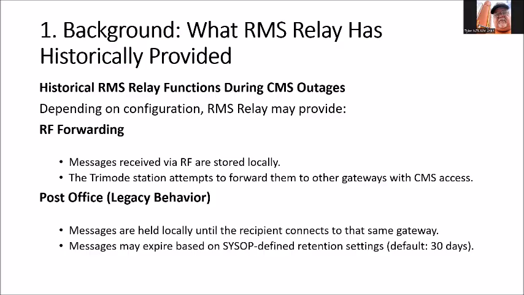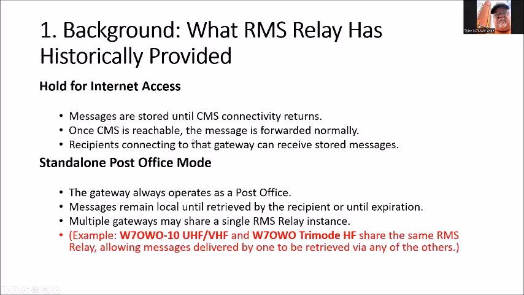But this is all done on HF, so we really don't have HF going here yet, so we'll see what happens. Messages are held locally until the recipient connects to the same gateway, and messages may expire based on sysop definition of retention. The default is 30 days.